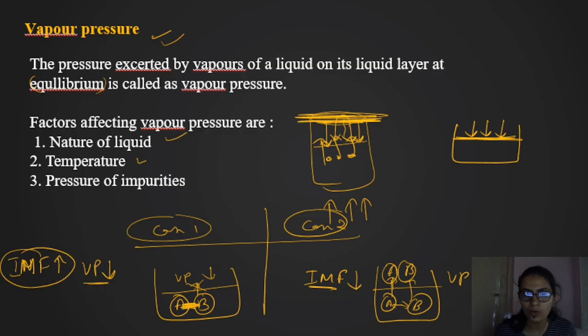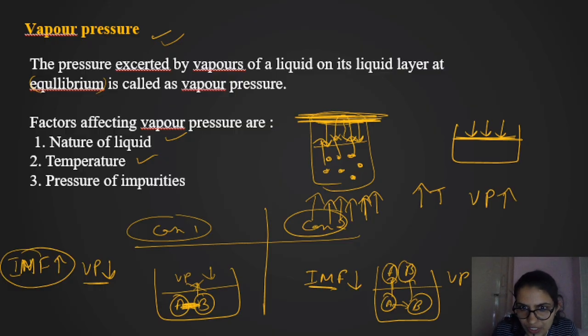And next, how about temperature? I told you, if I am supplying heat here, it means the temperature is increasing. If there is an increase in temperature, what I observed is the vapor pressure also increased, because look, here we have particles, right? When I supply heat, these particles get more energy. They are more excited.